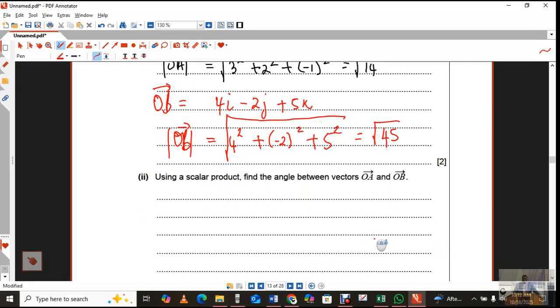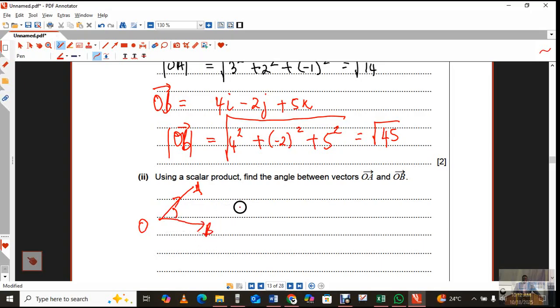Right, when they say find the scalar, first thing is what I need to find. Remember, they are looking for the angle between the vectors OA and OB. So O to A again, and O to B. This is the angle they are looking for.